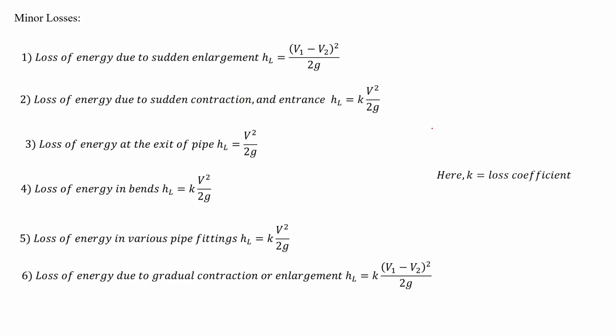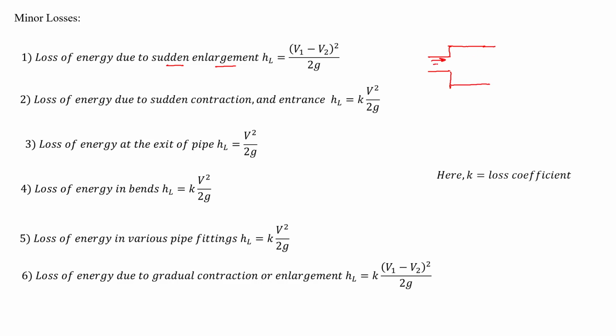Let's move to the minor losses. As I've shown you earlier, there are multiple losses. First, there's a loss of energy due to sudden enlargement. How does it look? Let's say this is a smaller diameter pipe, and suddenly we put a bigger diameter pipe.